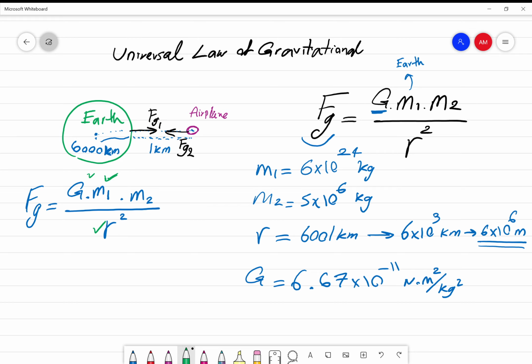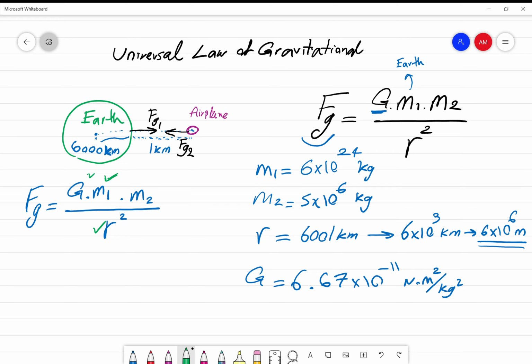Okay? Now, something interesting happens here. When I look at this equation, G is always 6.67. M1, when Earth is in the equation, when we're comparing the force of gravity between Earth and something else, the mass of Earth is always going to be mass of Earth. That's also not going to change. Correct?